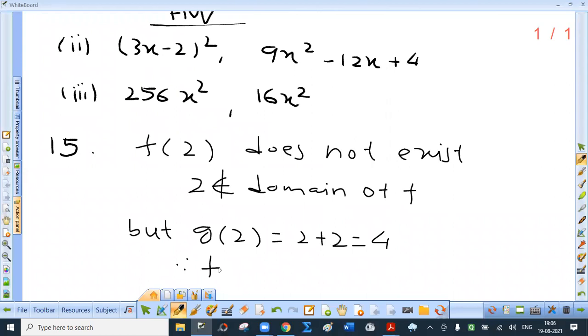So g of 2 is 4. It is defined because 2 belongs to the domain of g. So f of x is not g of x for all.